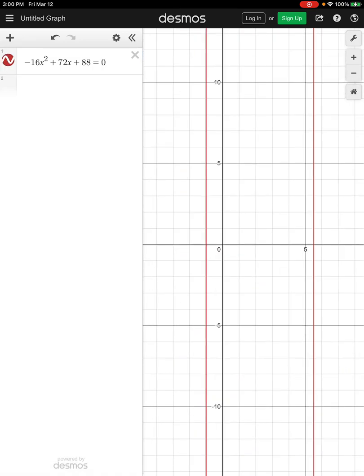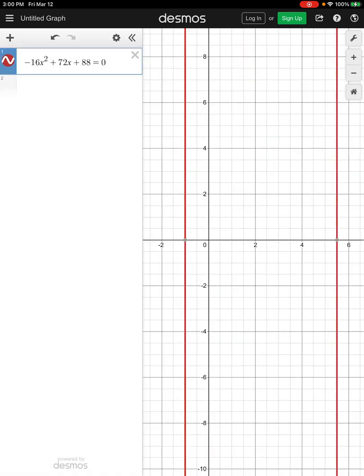I want you to notice, find your x-axis and look right here. This crosses at -1, 0. So -1 is my first solution or my first 0. And the other one is 5.5. Sometimes you'll hear that called the x-intercept.